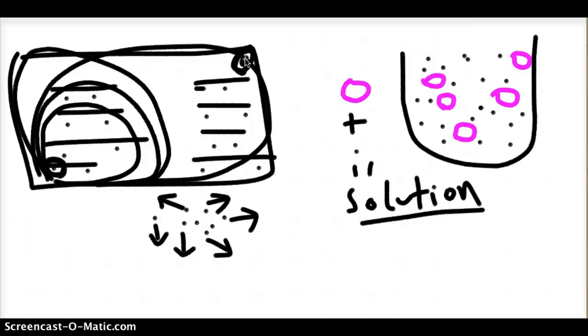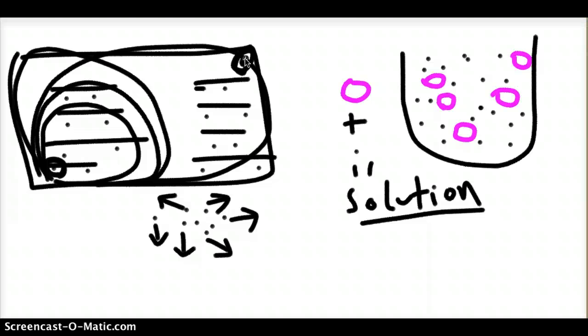So diffusion, as I said before, is the result of the random motion of molecules. It goes from the high concentration to the lower concentration, and we have specific scientific words for this. Higher concentration we call hypertonic, like when you eat too much sugar, you get hyper; it flows in your blood.